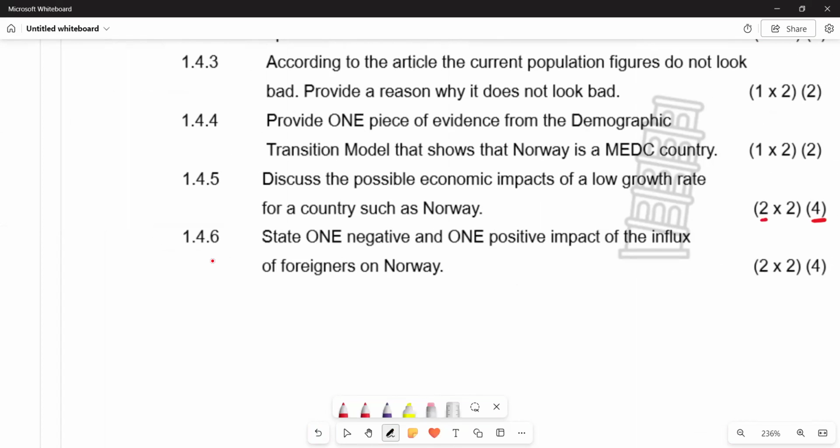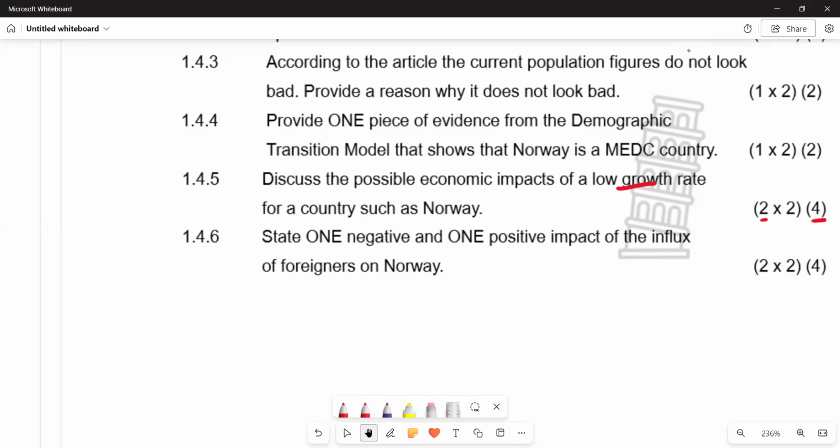So we can just try to see what points we can raise. The low growth rate that's being referred to here is the low growth rate of the population. What are the possible economic impacts that we can deduce from that?